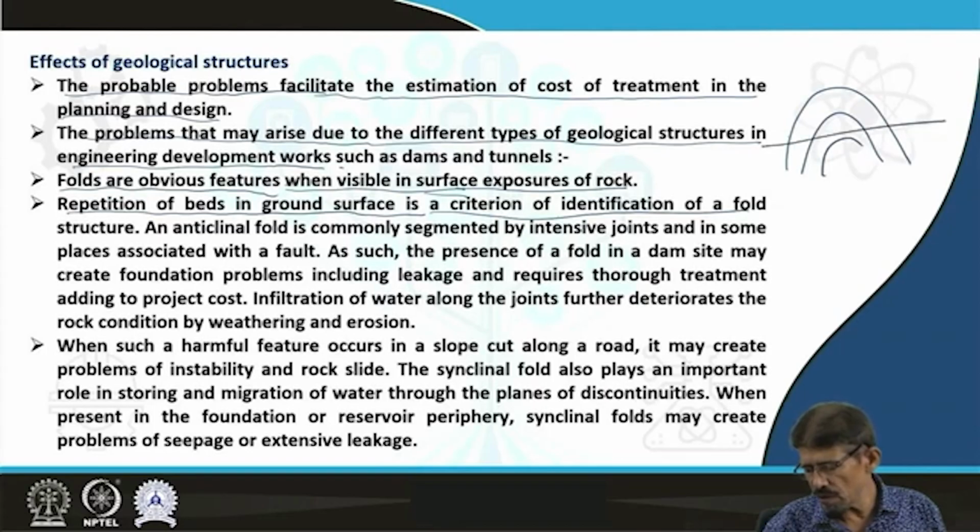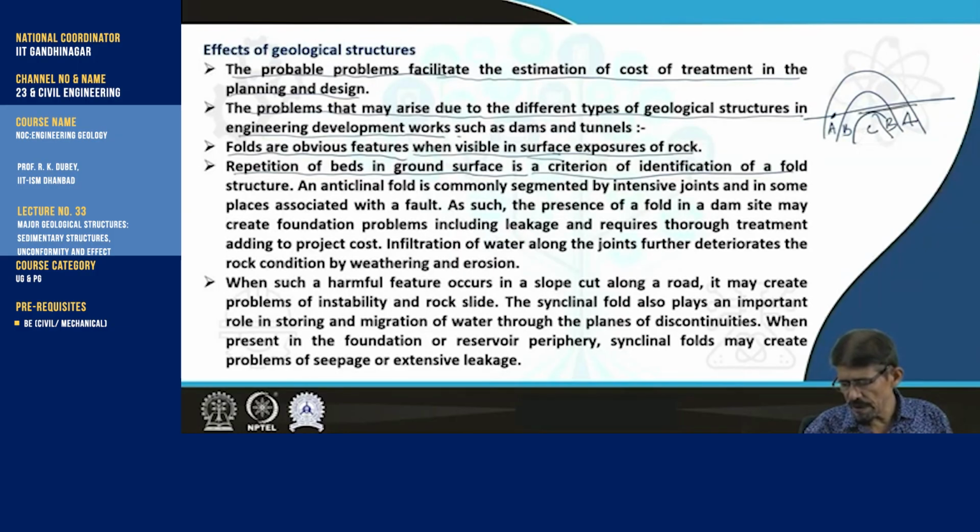If we cut this, then we are going to get here, suppose, A bed, B bed, C bed. Then again we get here A bed, B bed, C bed, A bed, B bed, then A bed, B bed, C. Here is repetition. An anticlinal fold is commonly segmented by extensive joints, particularly in the crestal zone.